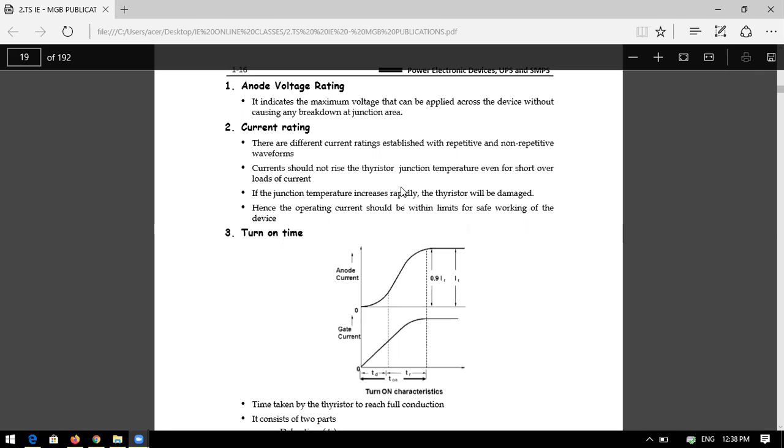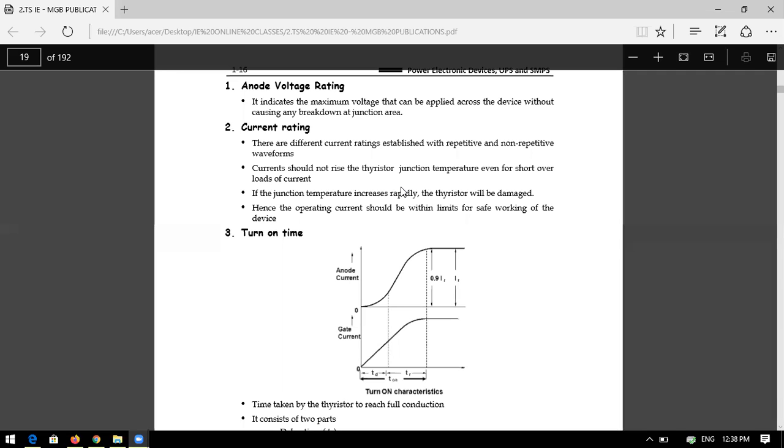If the junction temperature increases rapidly, the thyristor will be damaged. Hence, the operating current should be within the limits for the safe working of the device. Is it clear? So current rating also tells us the maximum current it can withstand.